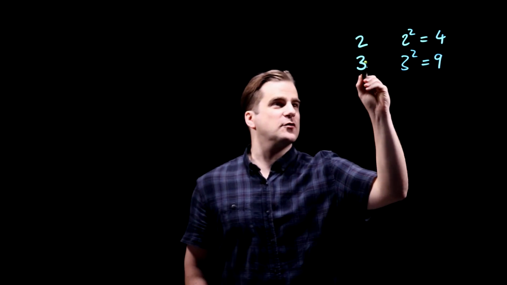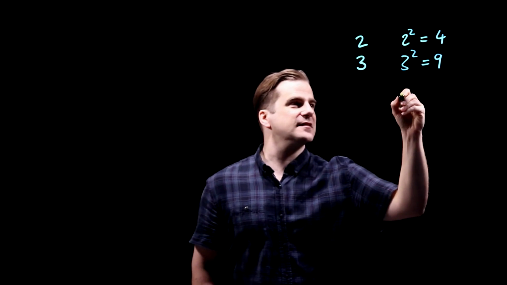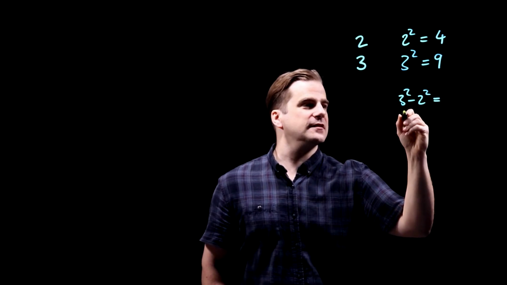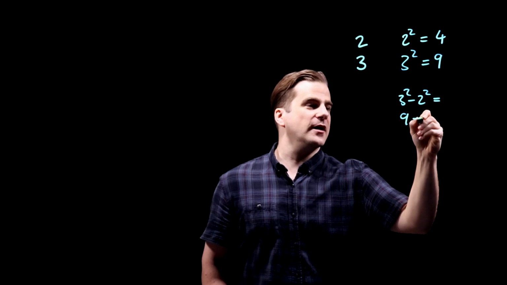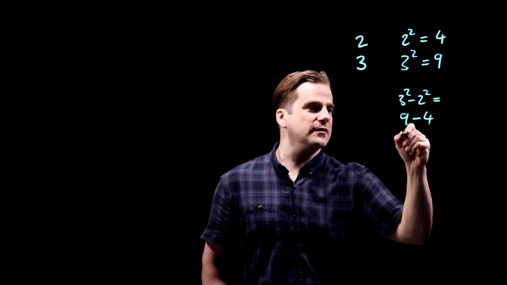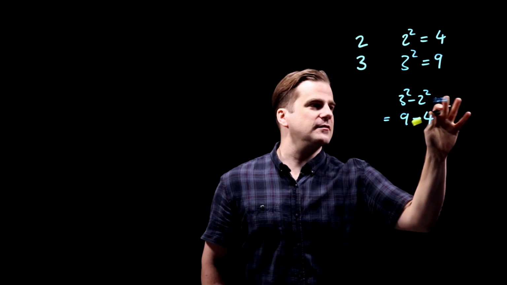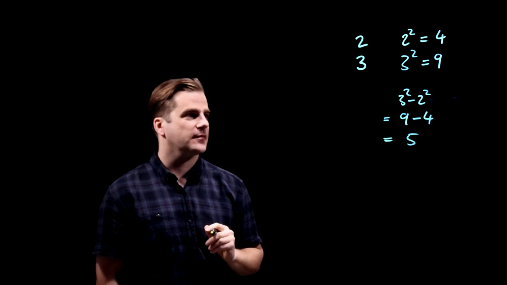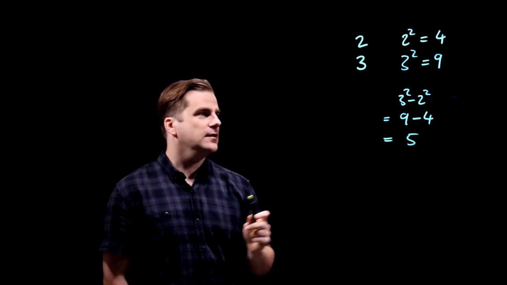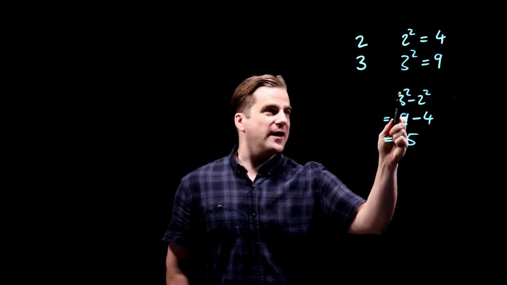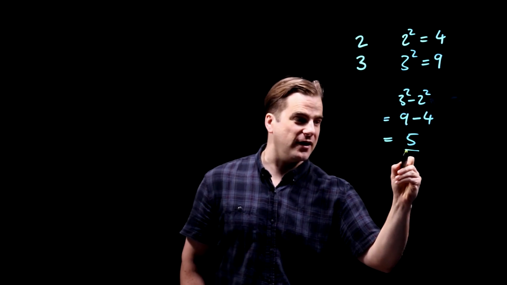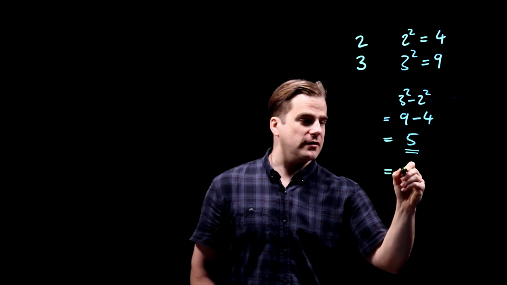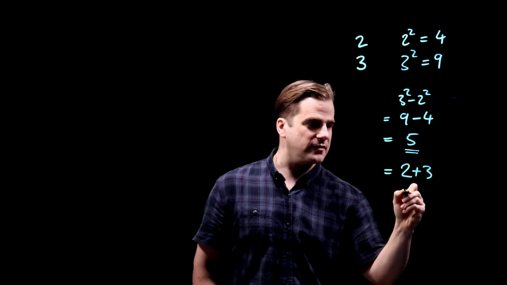The difference between the squares of these integers means 3 squared minus 2 squared, which is 9 minus 4, which is, of course, 5. Okay? The difference between the squares of two consecutive integers, that's 5, is equal to the sum of those integers. It works. The sum of those integers, 2 plus 3.